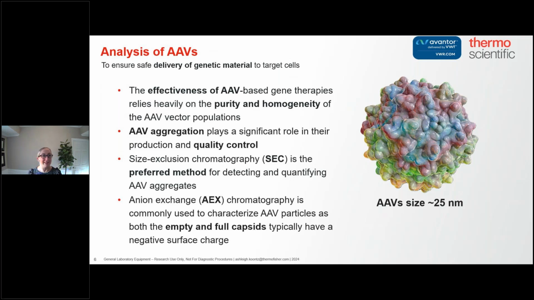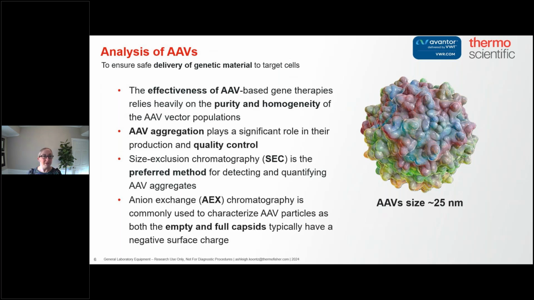You want to make sure that by the time they get from one part of the world to another, they are not going to be causing any kind of immunotoxicity to patients, because aggregation is really not a good thing to inject inside of a patient. So we want to have that assurance and quality control.